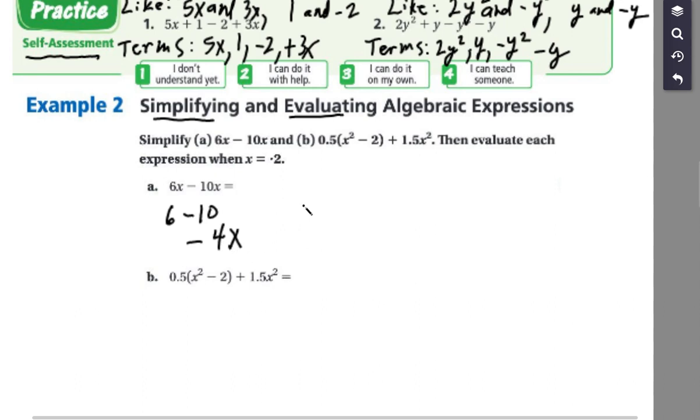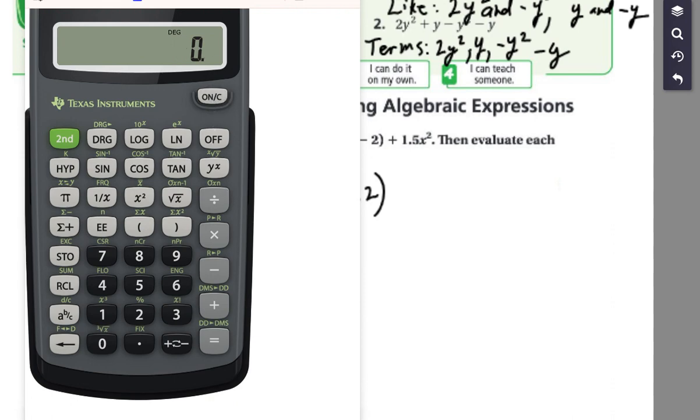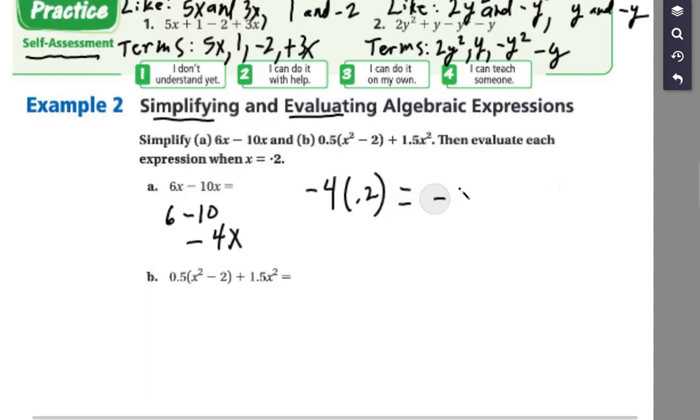So now we're going to evaluate that if x is 0.2. So we got negative 4 times 0.2, and that is going to be negative 0.8, like that.